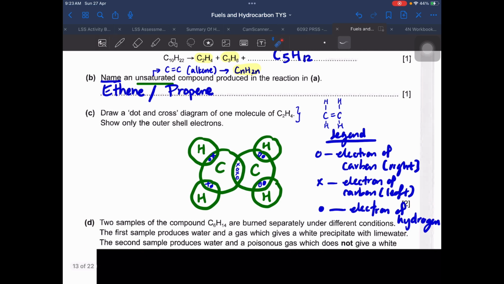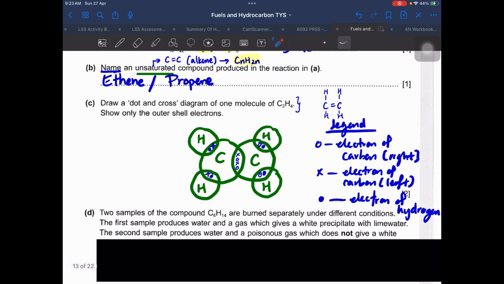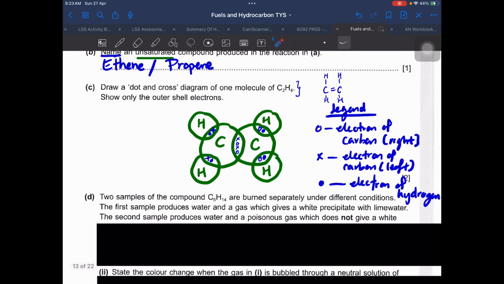It will involve the 2 carbon in the middle, and we know that every line is actually a pair of electrons. So a double line will be that there's actually 4 electrons here. Then the single line will represent a pair, a pair, a pair, and a pair, right? And then we have our legend on the side, right? We'll go through this more when we're in class, but this is how the dot and cross structure of the molecule looks like. So take note of your corrections first.